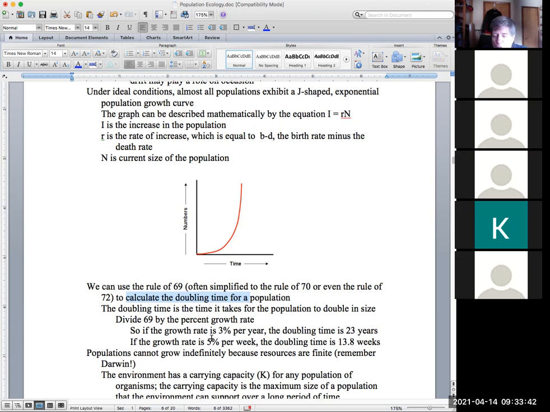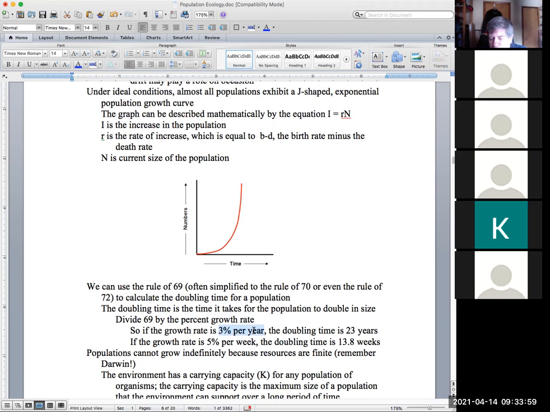Now the key is that we need to find the growth rate, and we want to express the growth rate as a percent. We can use decimals, but that's not crucial.